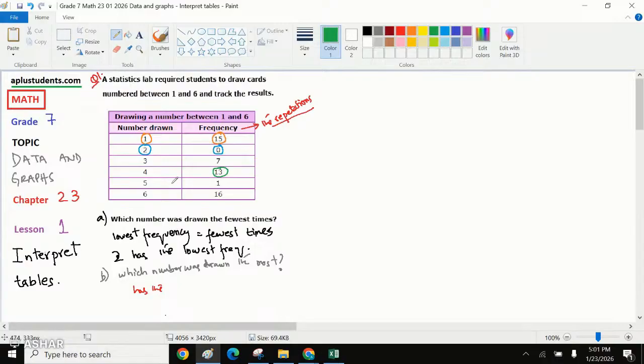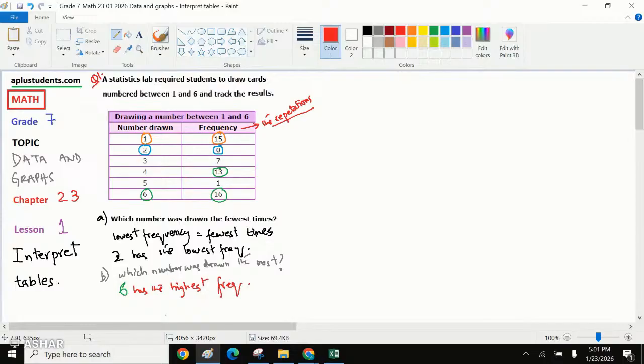This is also high. 5 was 1, and 6 was 16. So we can say 6 has the highest frequency. That means 6 was drawn the most number of times, and the most number of times would be 16.